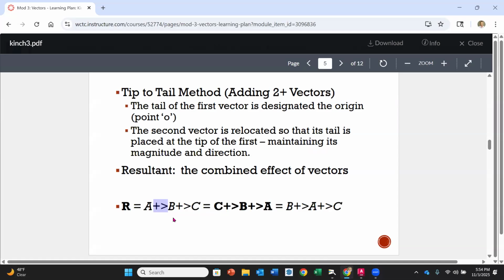That would be the greater than symbol in back of the addition, the plus sign, or it could be in back of the subtraction symbol, the minus sign, to be a vector subtraction. All that tells us is we cannot take the magnitudes and just simply add them together, because there's not only magnitude there, there's direction as well. So that's why we have to draw them out.